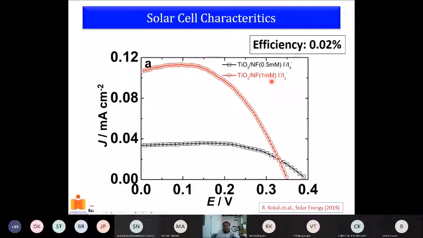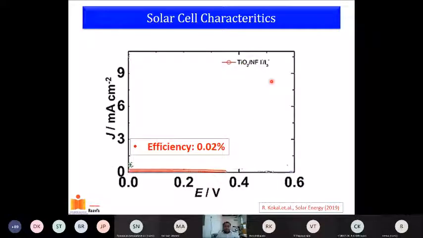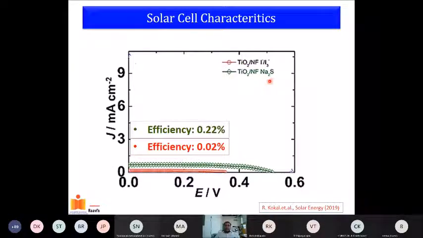Therefore, we changed this iodide into a sulfur-based electrolyte, and this sodium sulfide is typically used for quantum dot solar cell applications. And by changing the electrolyte, we found that there is an increase in efficiency by 1 order, but still it is not perfect.